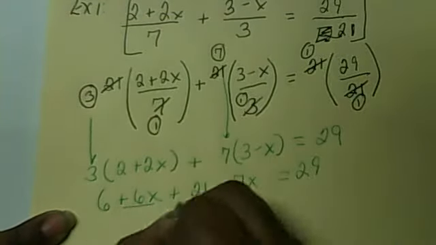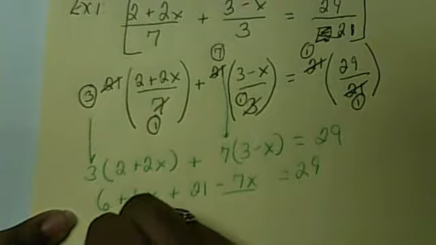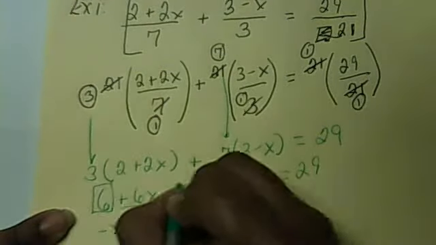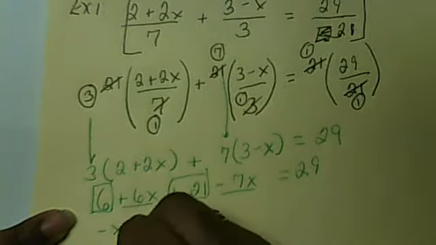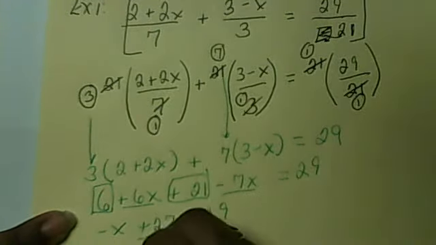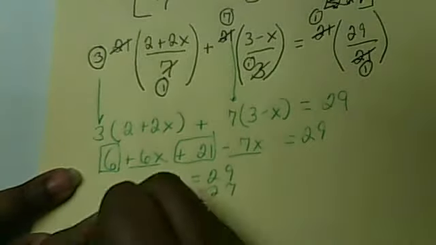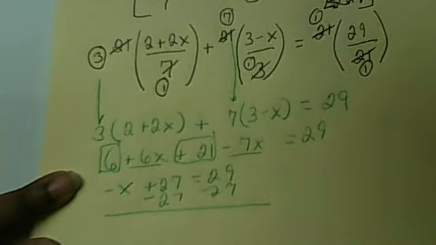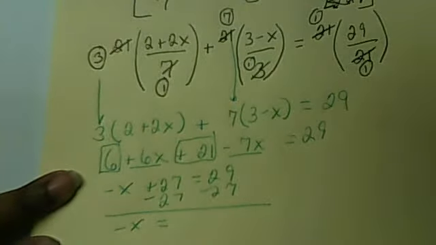Then we're going to combine our like terms. That gives us negative x. These are like terms. Plus 27 is equal to 29. Then I'm going to subtract 27 from both sides. After I do that, I'm going to get negative x is equal to 2.